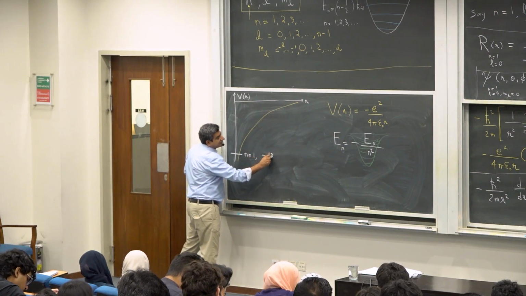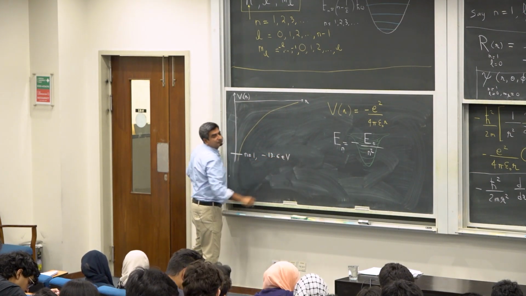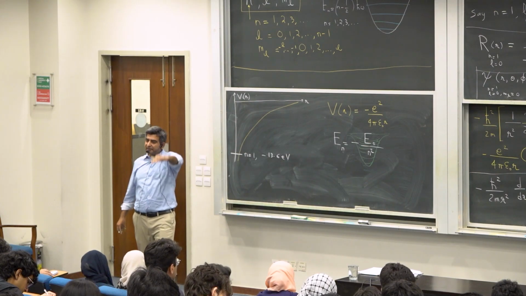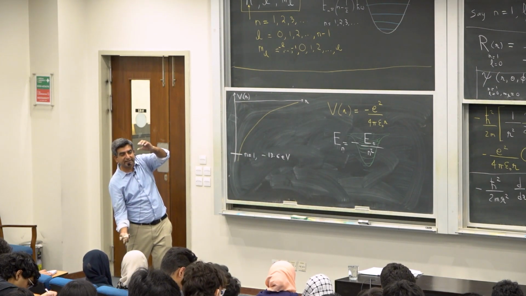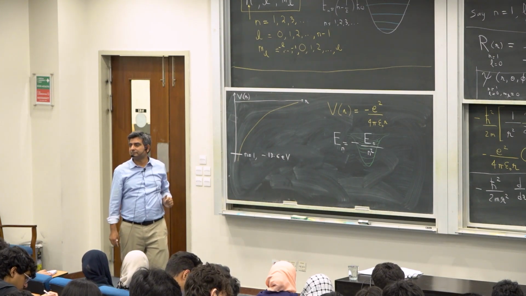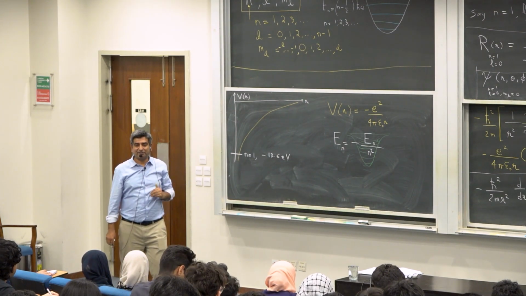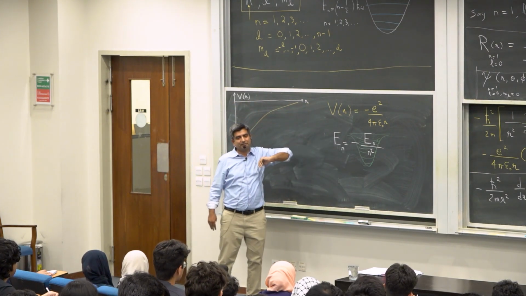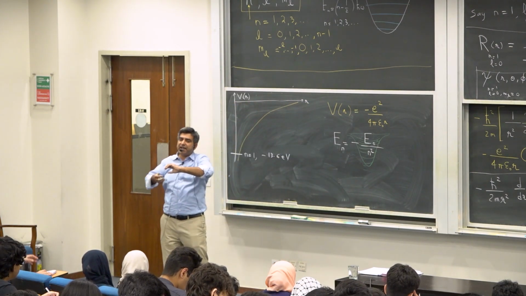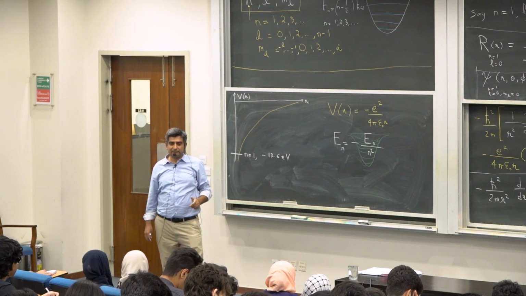This energy is minus 13.6 electron volts. So a hydrogen atom in the ground state has an electron sitting at minus 13.6 electron volts. What is 0 electron volts? It is this energy. This is when the electron has been stripped out of the atom.